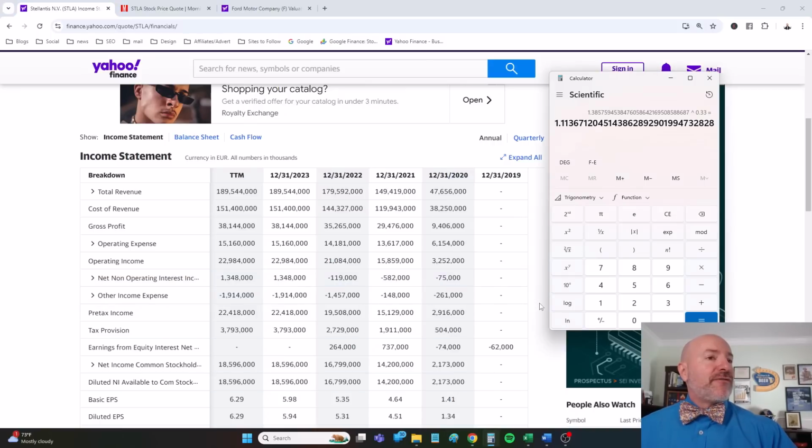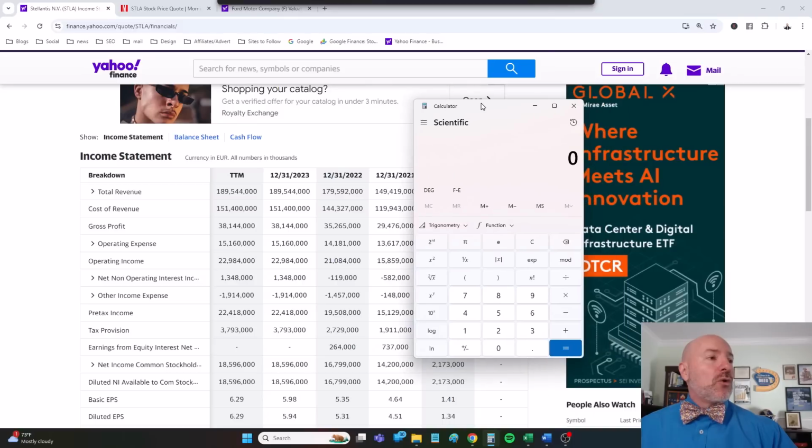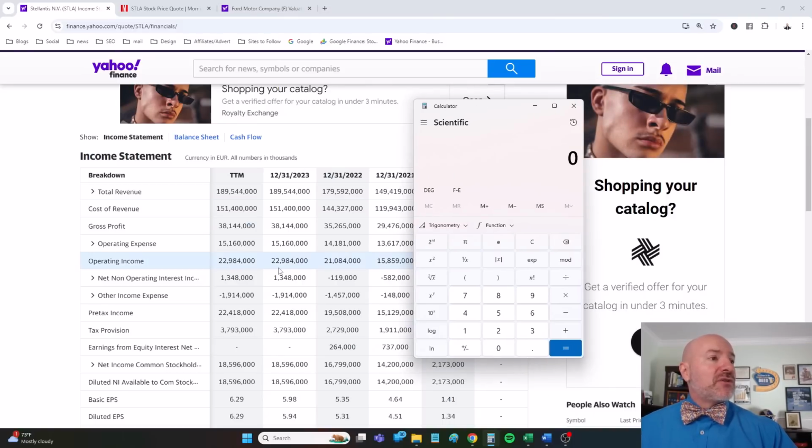What you're going to want to do to find the operating profitability, or just to double check that number you got before, is take the operating income, which is 22,984 here, divided by the revenue, okay? Because the operating margin is what is left over for operating income after all these costs, what is left over from that total revenue. So that 22,984 divided by the total revenue here of 189,544.